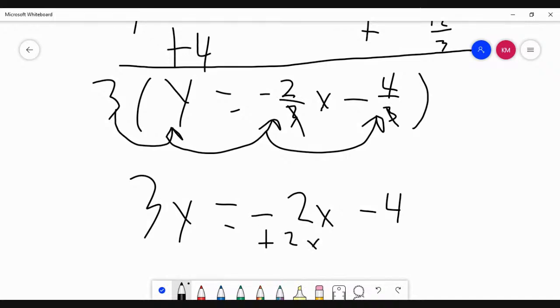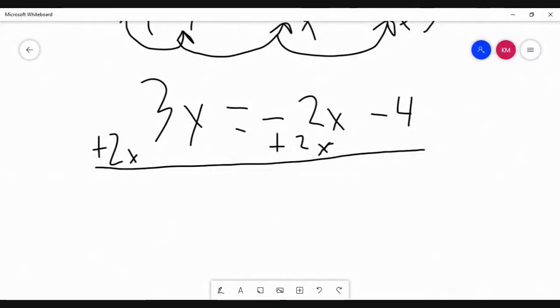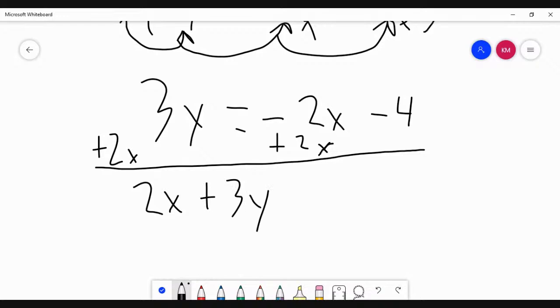Then I'm going to add my 2x on both sides. As you can see, I don't put my 2x under my 3y. They are not the same variable, so you do not place them under each other. Which will give me 2x plus 3y, and that equals a negative 4.